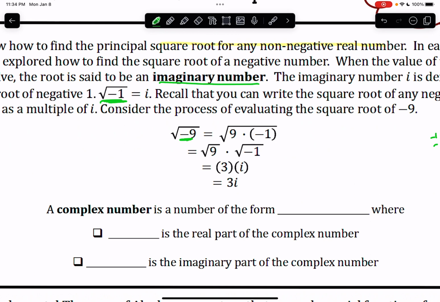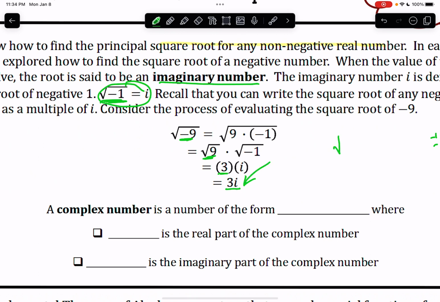So basically they've split it into two square roots and created a square root of -1. Then the square root of 9 is 3, and the square root of -1 is i. So that's the rule. And you just write it like 3i. The i comes after. So that's how you get an i from a negative square root.